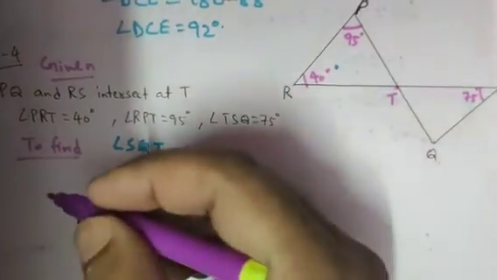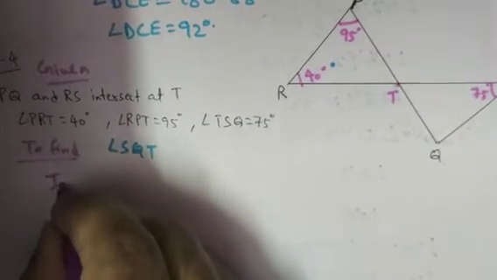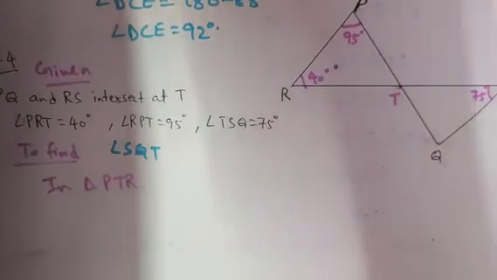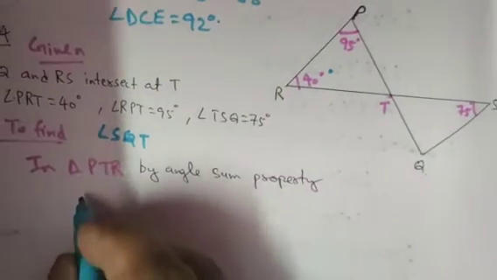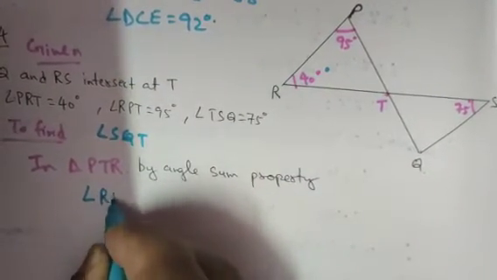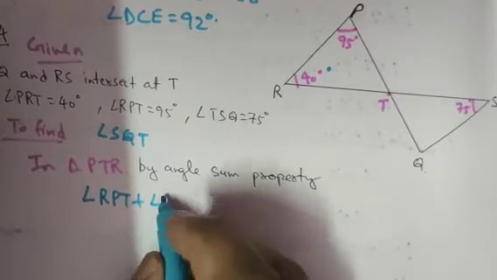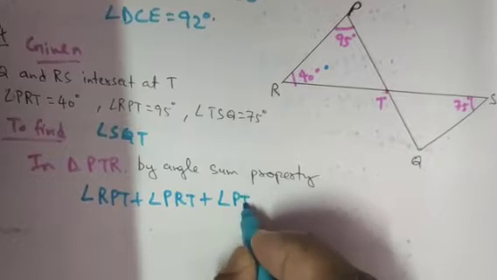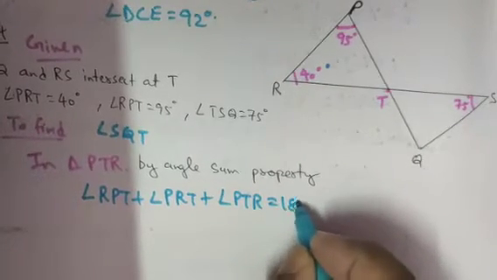So in triangle PTR, by angle sum property, angle RPT plus angle PRT plus angle PTR equals 180 degrees.